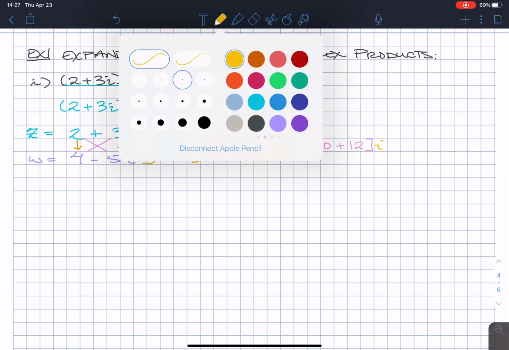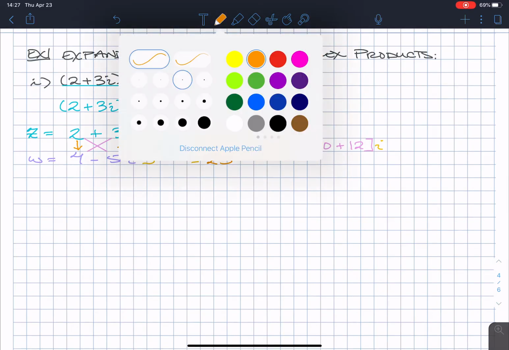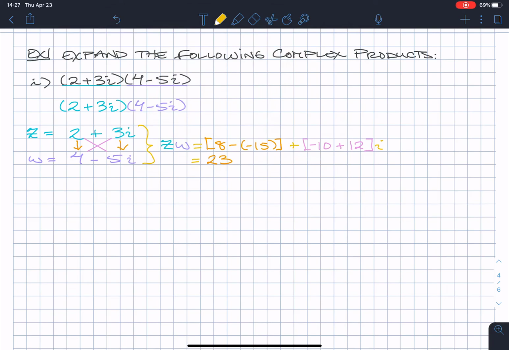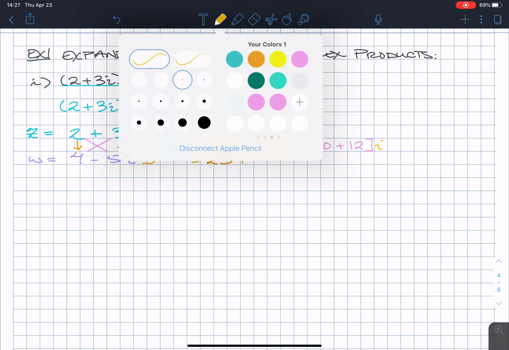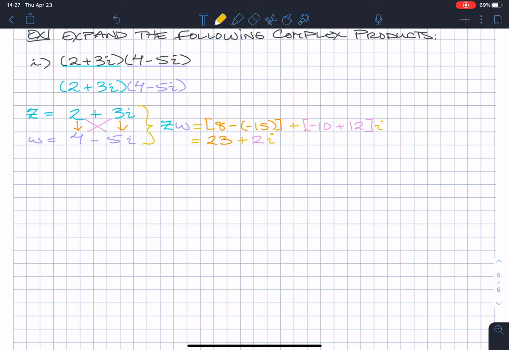So 8 plus 15, that's going to be 23, plus 12 minus 10 will be 2i. Okay, so let's see, 23 plus 2i.